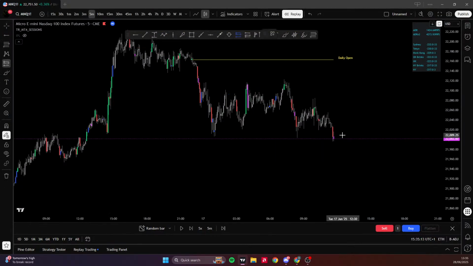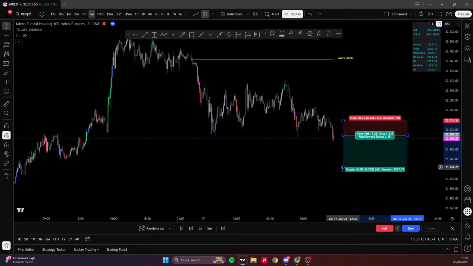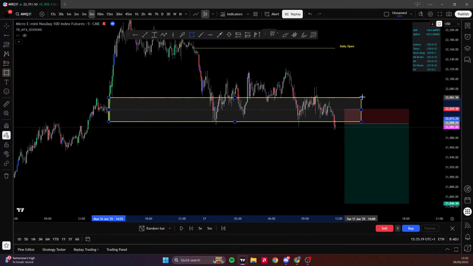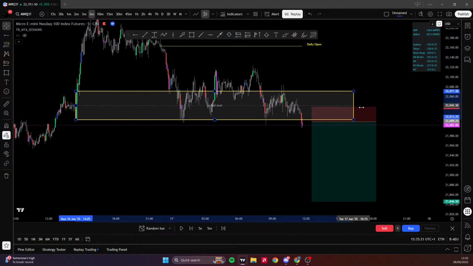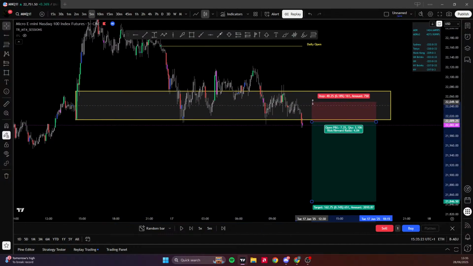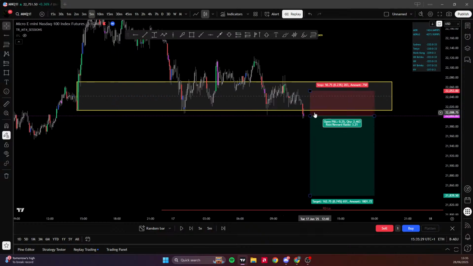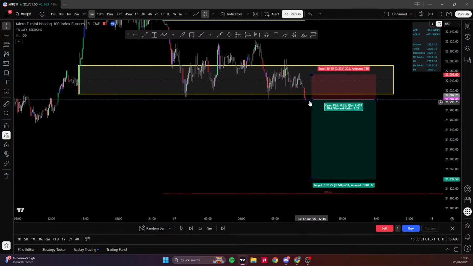Let me set this back up. So stop loss above the midpoint here. Entry around here, just going off where price is currently.